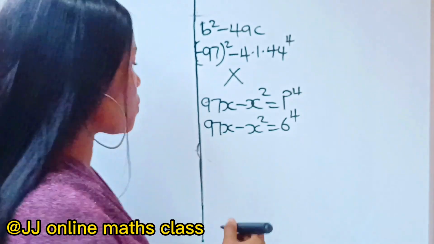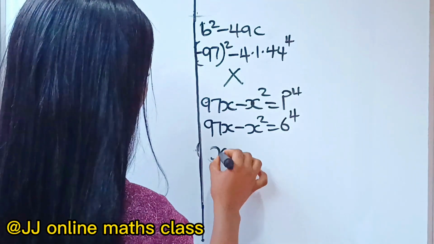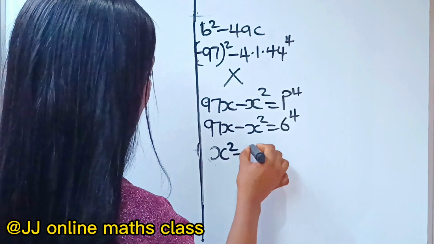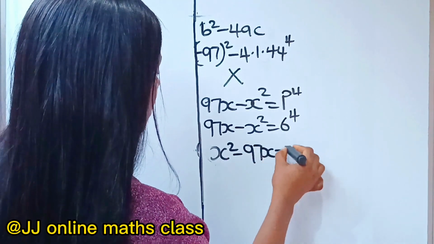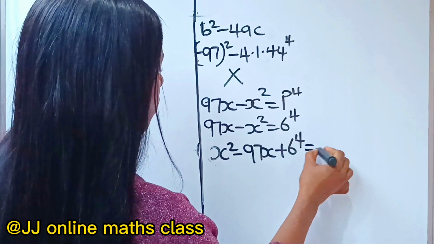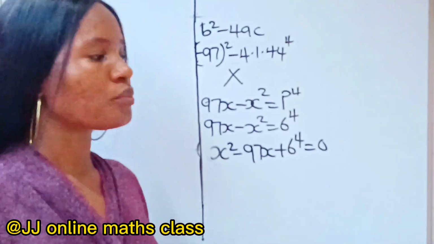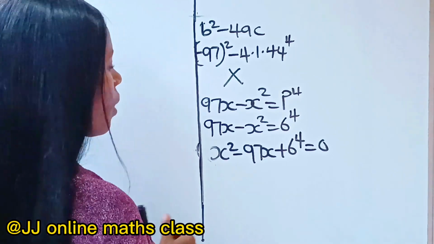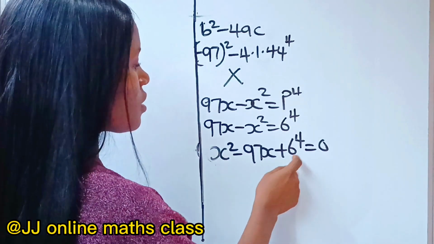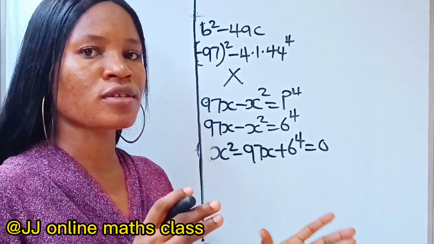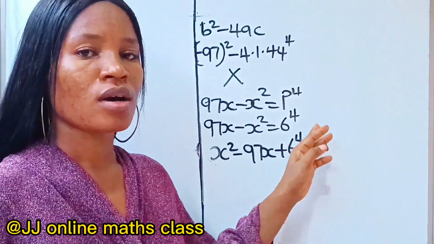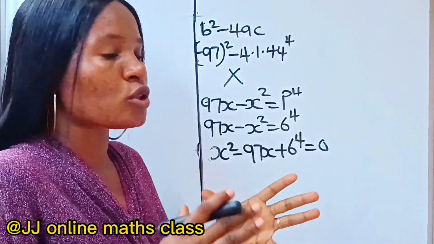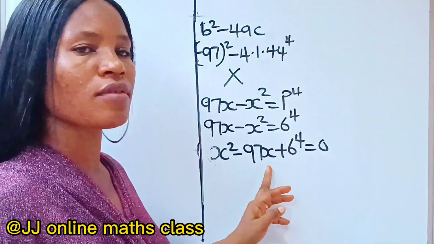Let's rearrange it as usual. So we are going to have x squared minus 97x plus 6 to the power of 4 is equal to 0. Now this is the main thing here. The factors of 6 to the power of 4, when we add or subtract them, we are going to get minus 97.